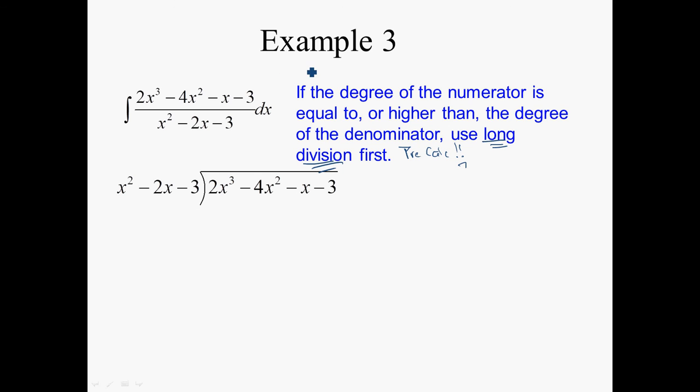In order to use partial fractions, the numerator degree must be less than, not equal to, less than the denominator degree. That's not the case here. There's a lot of crying in this lesson too.